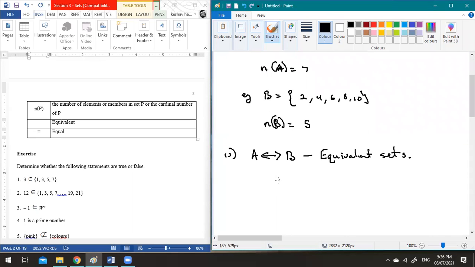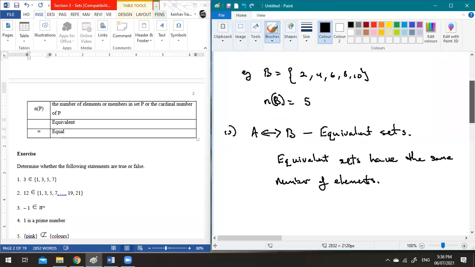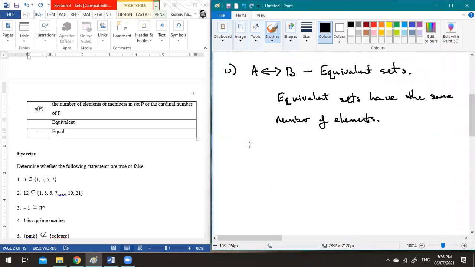Equivalent sets have the same number of elements. Now, this does not mean that the elements are the same or the same value.